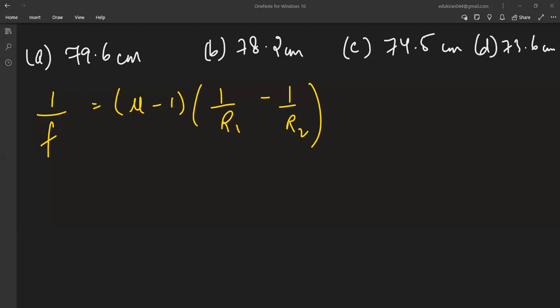From the CBSE test? Sorry? The CBSE test or the JEE one? CBSE, Friday's CBSE test that you had. Ray optics test you had, no? That one.